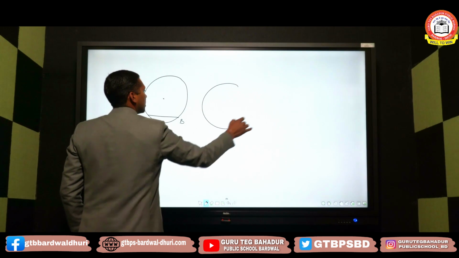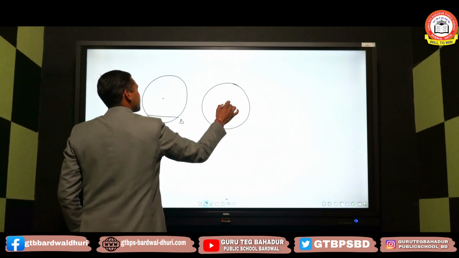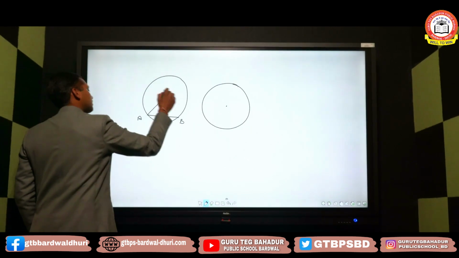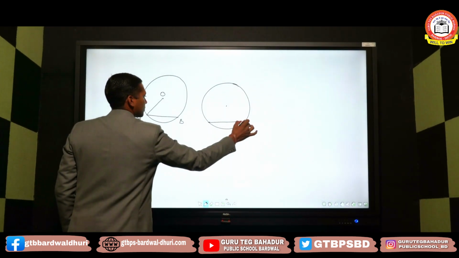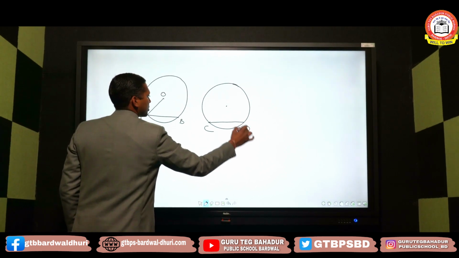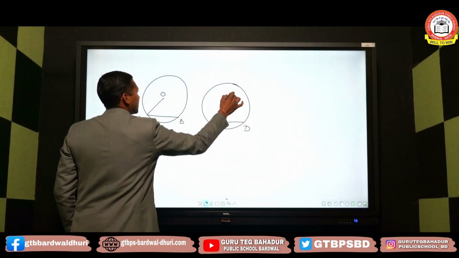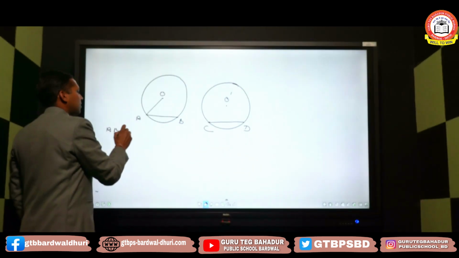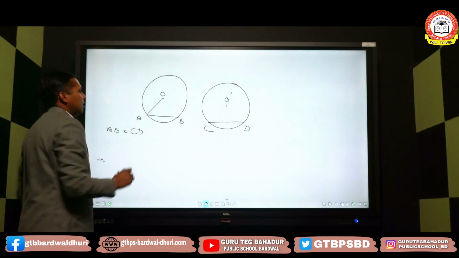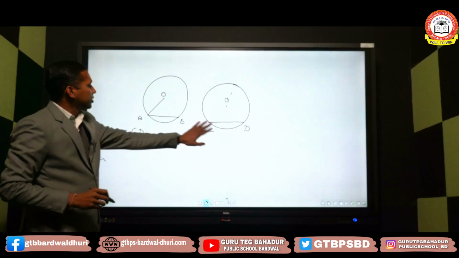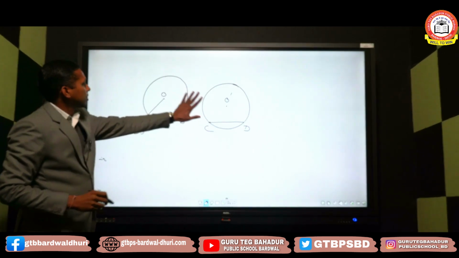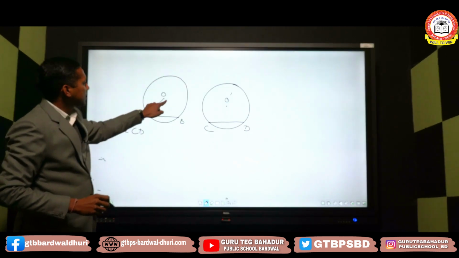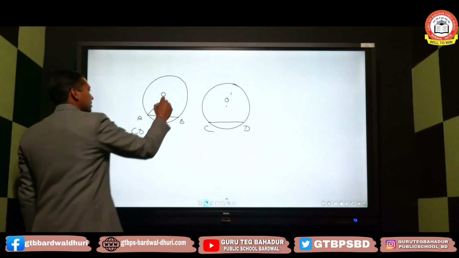Suppose we have two circles with the same radii. In both circles, AB is equal to CD, and both circles have the same radii. Then the angles subtended by these chords at the center are equal to each other.